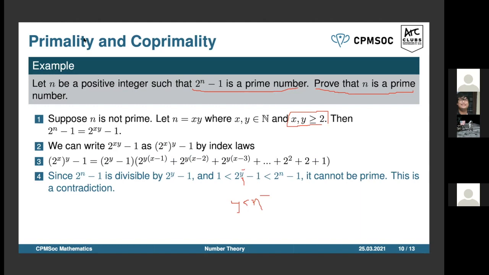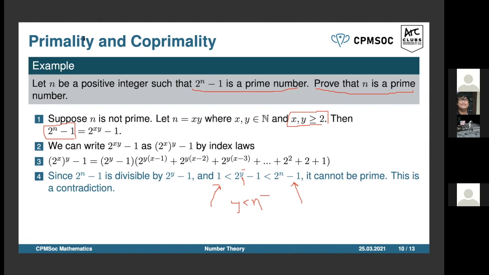So we've found a factor of 2 to the n minus 1 that is not equal to 1 and not equal to itself. That is enough to show that 2 to the n minus 1 is a composite number, so it cannot be a prime number.